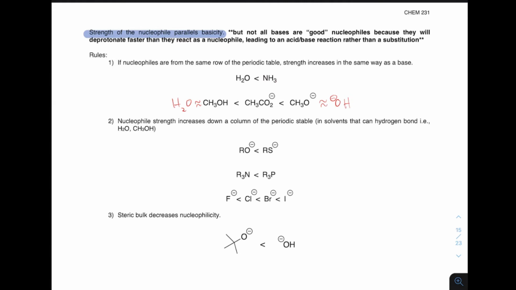So what that means, inversely, when we look at the conjugate base, is that NH3 is a stronger base, and therefore a stronger nucleophile. Right, H2O is a weaker base and a weaker nucleophile.